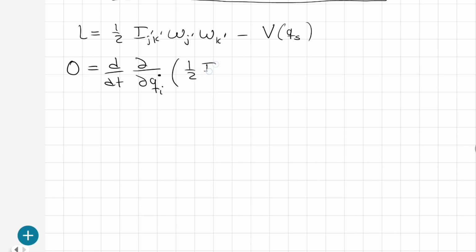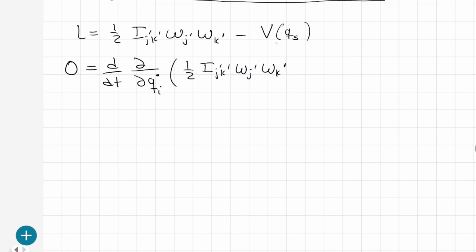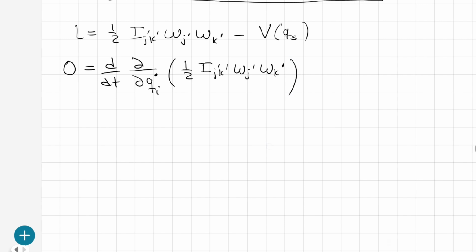This will be 1/2 I_jk omega_j omega_k, and I'm not going to write V here because it doesn't depend on q_i dot, so its partial derivative with respect to q_i dot is going to be 0. Then minus the partial derivative with respect to q_i of the whole Lagrangian, in this case 1/2 I_jk omega_j omega_k minus V, like this.